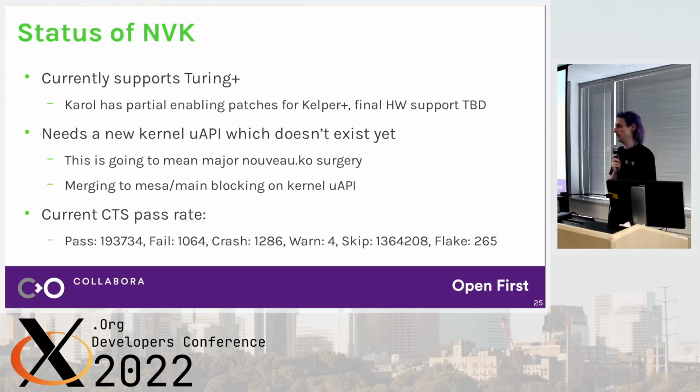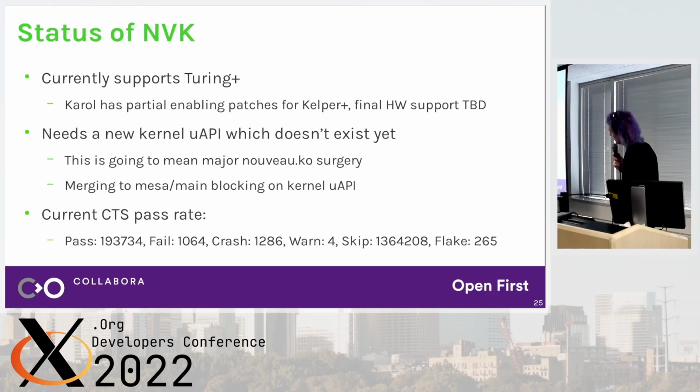We really need something that allows us to do separate binding and submission, because in order to properly implement Vulkan on NVIDIA, we absolutely have to be able to do sparse binding, because you have to be able to put information about depth buffers in the page table, which is really annoying. And that just doesn't work with Vulkan's sub-allocation model unless you can control the page tables from user space. And so that means a pretty substantial surgery to the Nouveau kernel driver.